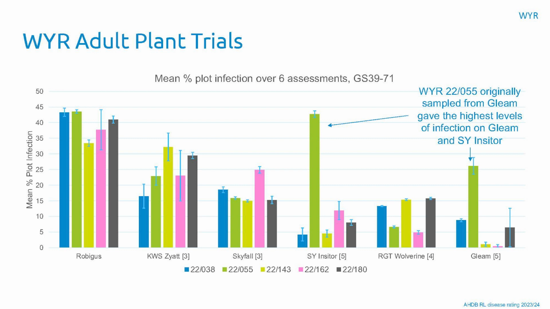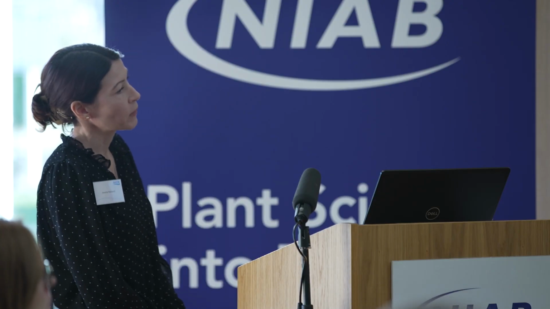That one was rated 3 last year, and it was our most susceptible RL variety in trials. Then we have Skyfall, also rated 3. You can see it was slightly more susceptible to the isolate 22162 in pink, but it was infected in all 5 trials. Then we have SY Insitor and Gleam with a rating of 5.